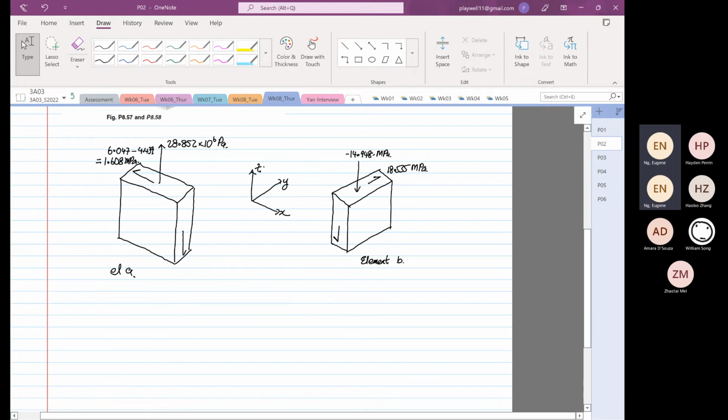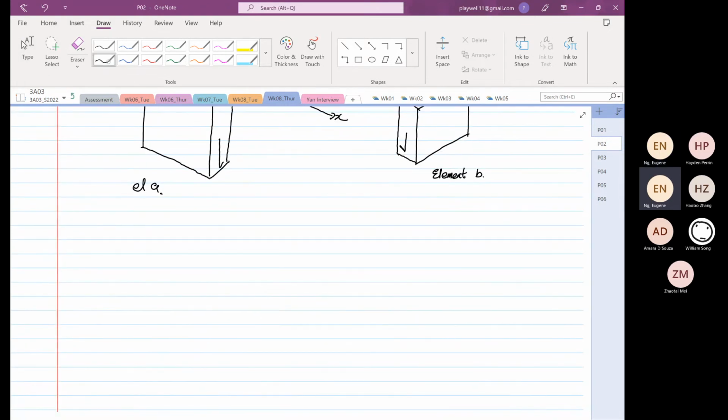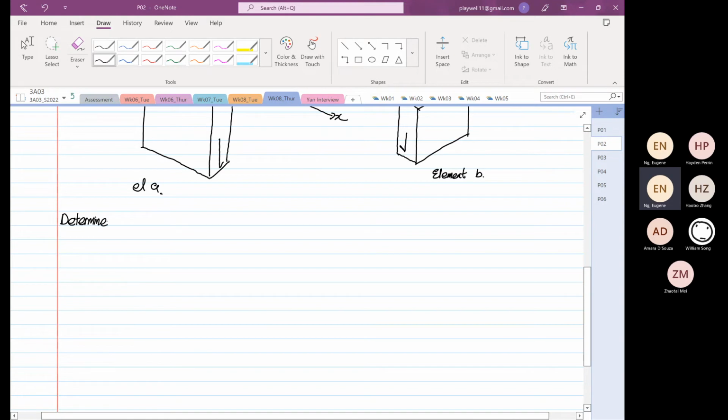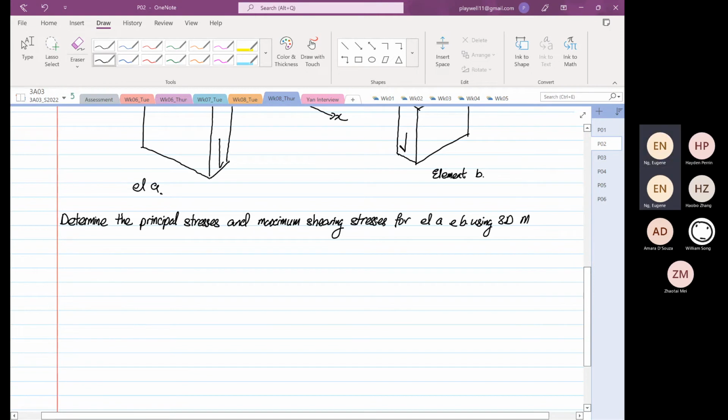We are going to determine the principal stresses and maximum shear stresses for element A and element B using 3D Mohr circle.